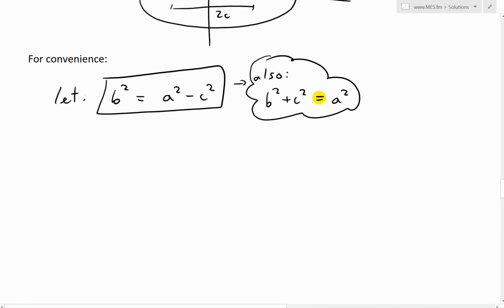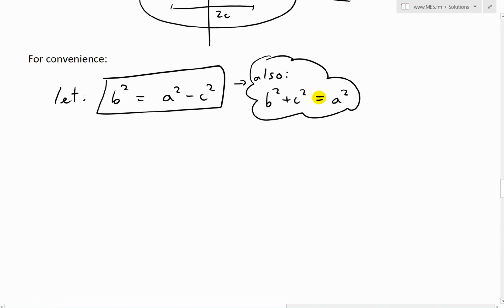Taking square roots, we get x equals plus or minus a. That's going to be the vertices, or the x-intercepts. The corresponding points, (a, 0) and (negative a, 0), are called the vertices of the ellipse, and the line segment joining the vertices is called the major axis.